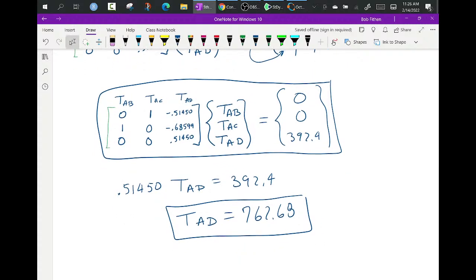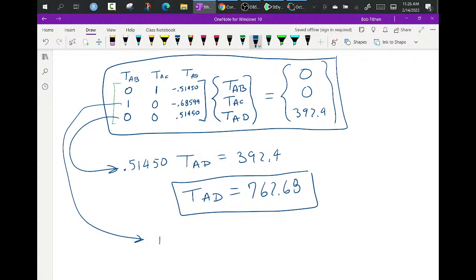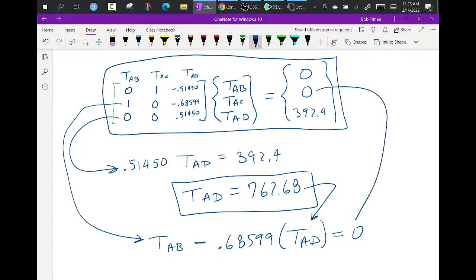So this was from the lower equation. If I take the second equation out, I'll notice that I have TAB minus 0.68599 times TAD, which in fact is equal to nothing, because there's nothing over there.